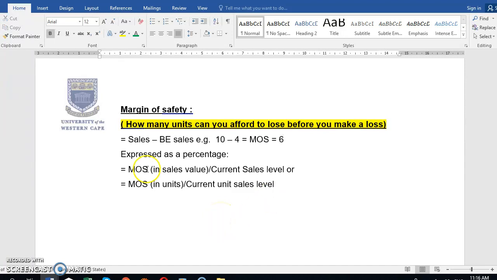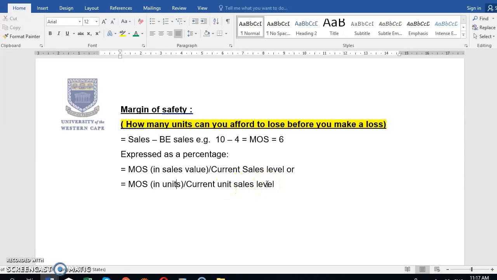This can also be expressed as a percentage, where you take your margin of safety in rand value divided by the current sales in rand value, or you can do it in units, margin of safety in units divided by the current sales level in units.